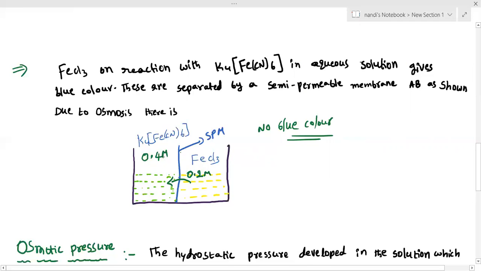The concentration may change, that's enough. They move solvent molecules from one compartment to the other until they reach equilibrium concentration. So there is no mixing of FeCl3 and K4[Fe(CN)6] because SPM won't allow those solute particles. FeCl3 is a solute particle, K4[Fe(CN)6] is also a solute particle, so SPM won't allow them. Understood?